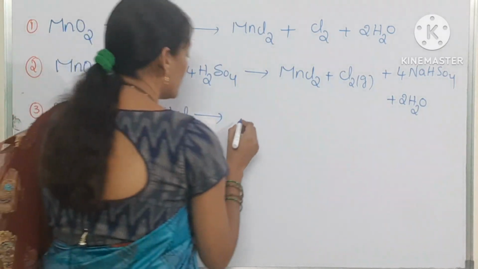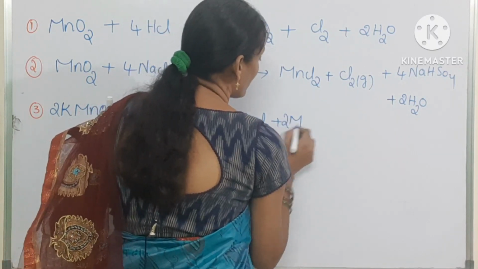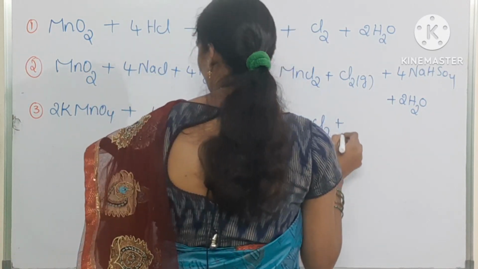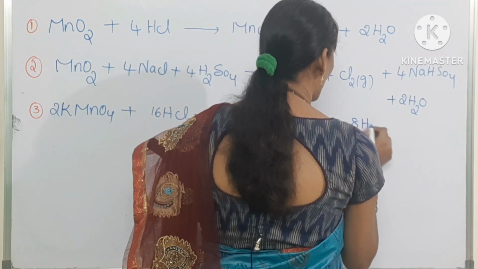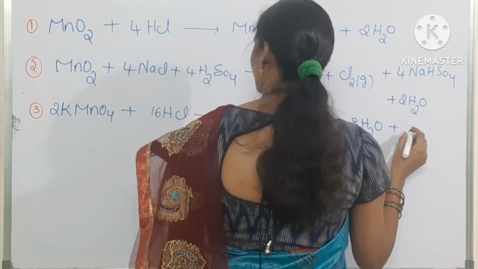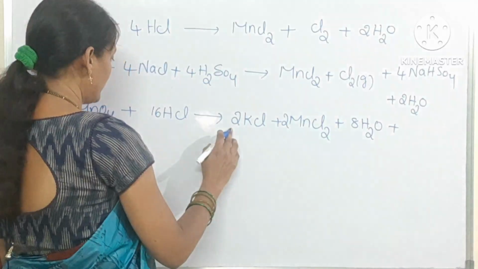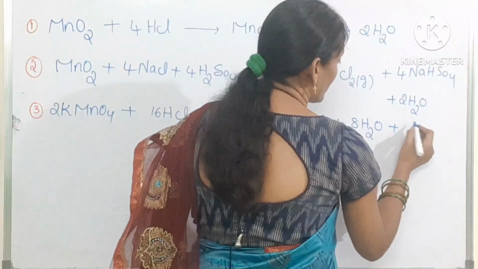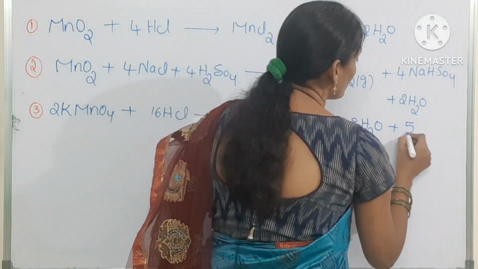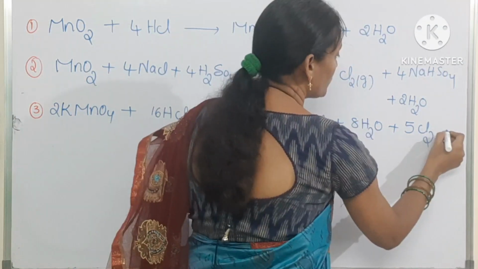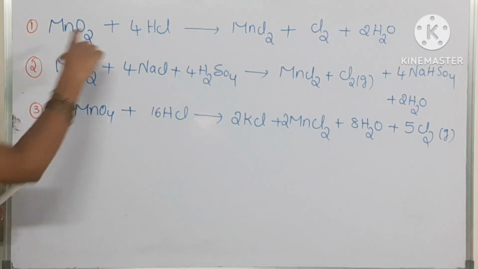Then you will get potassium chloride, manganese dichloride MnCl2, and 8 moles of water, and the remaining will be chlorine. 4 twos are 8, plus 2 is 10, so 10 moles of chlorine remaining, so you need to take 5 Cl2 molecules, since 5 twos are 10. Cl2 gas. These three are the laboratory preparation methods.